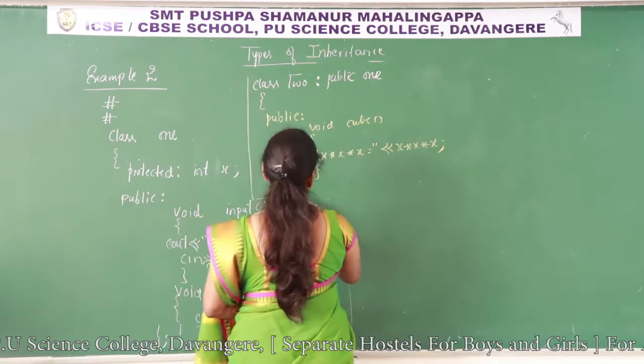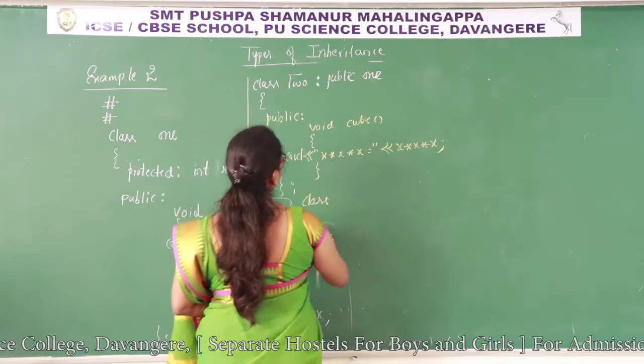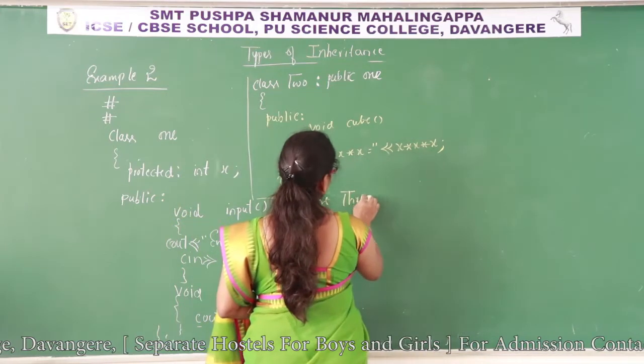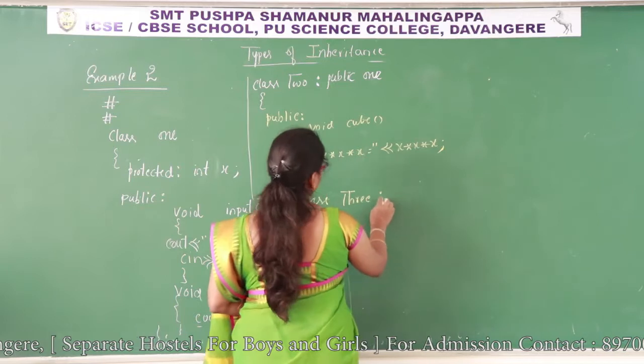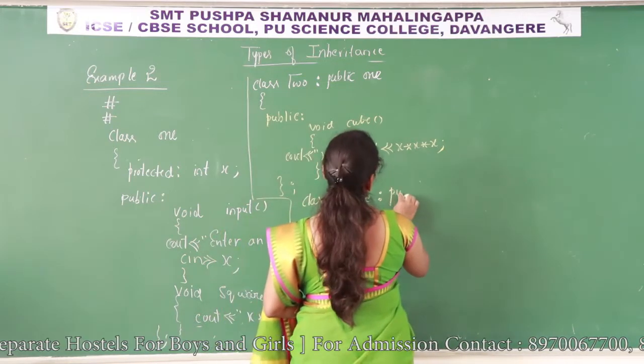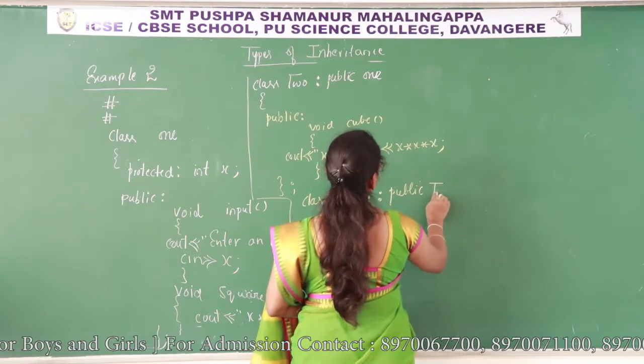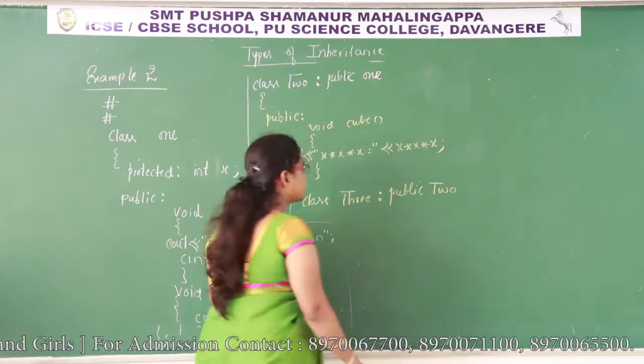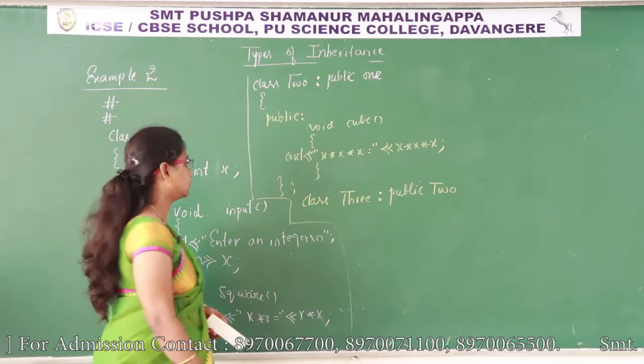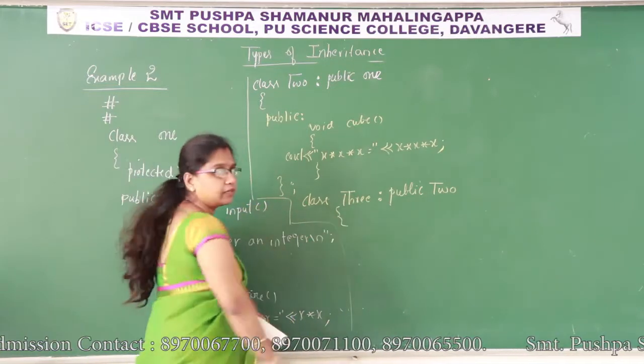Class 3 colon, in the public section, class 2 again in turn, which is derived from class 2, open flower bracket.